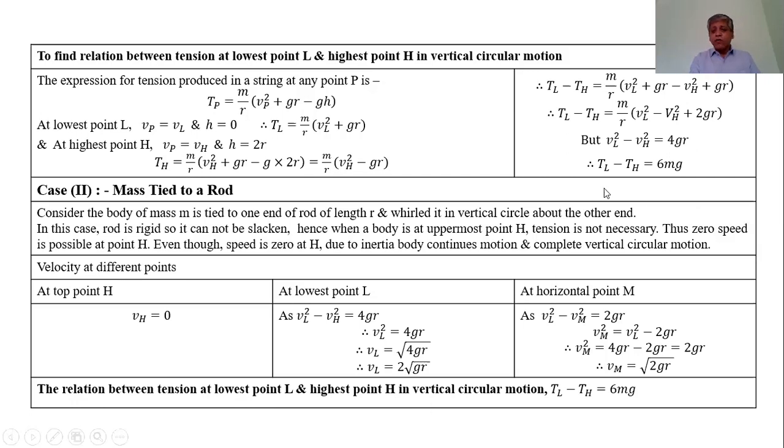That is, tension at the lowest position minus tension at the highest position is always equal to 6 times mg. Here also that condition is satisfied. By replacing the string by a rod, this condition is satisfied. This is the vertical circular motion under gravity.